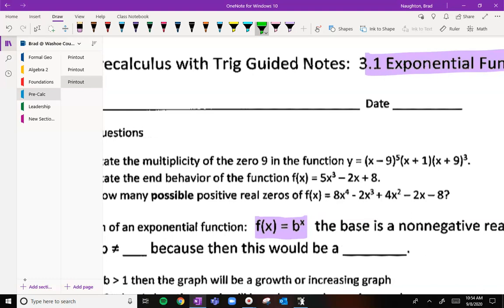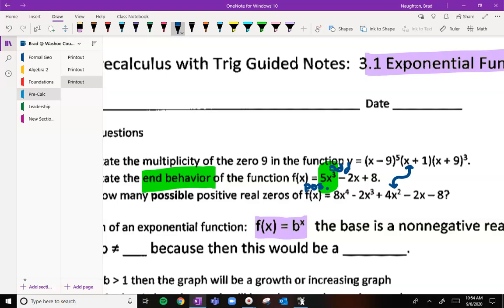What is the end behavior here on number 2? Our end behavior is what's going on as our function really kind of leaves our field of view. So for that, we're going to look at our leading coefficient and our degree. Since this is going to be a positive leading coefficient and an odd degree, they're going to go in opposite directions, and one's going to start low and one's going to end high.